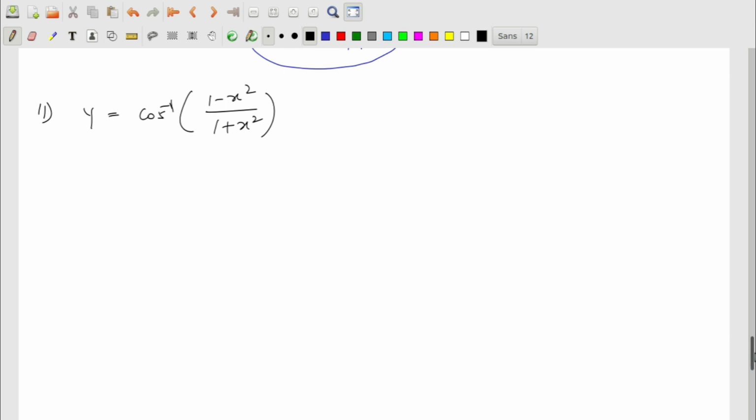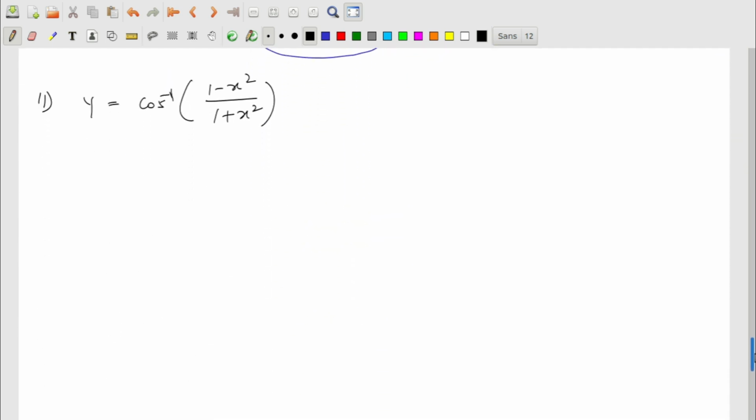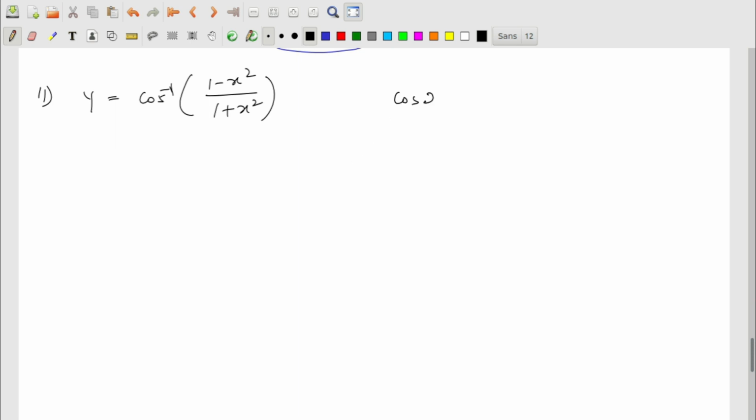If you go through the double angle formulas, we don't have that expression here. You can just check your formula sheet. We know that cos of 2 theta, or 2a, can be written as (1 minus tan square theta) whole divided by (1 plus tan square theta).